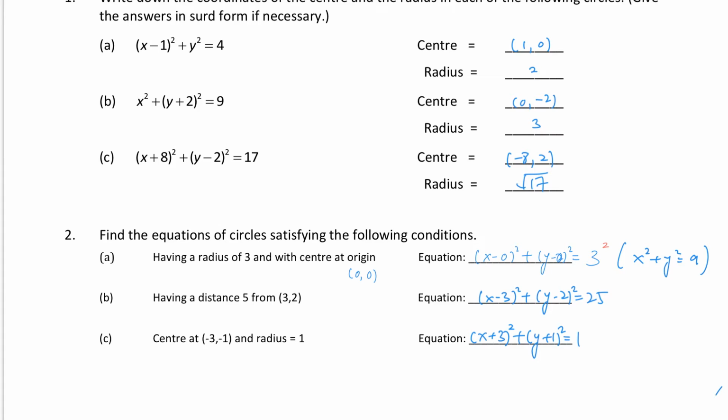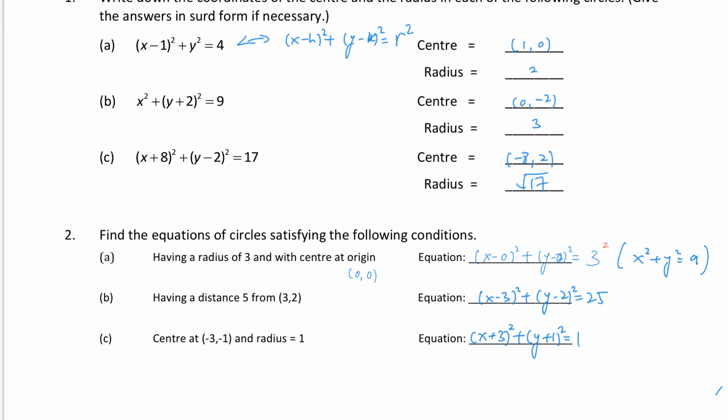Question 1. If I know the center radius form, you also need to know how to find the coordinate of center. By comparing this form to the center radius form, I know h is equal to 1, and this is y only, so it's y minus 0.